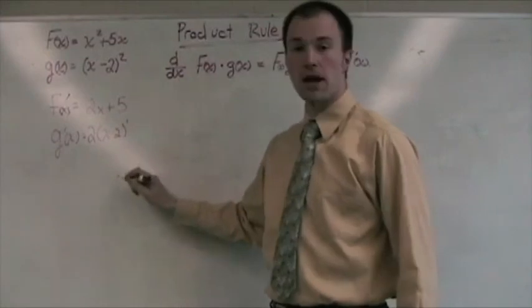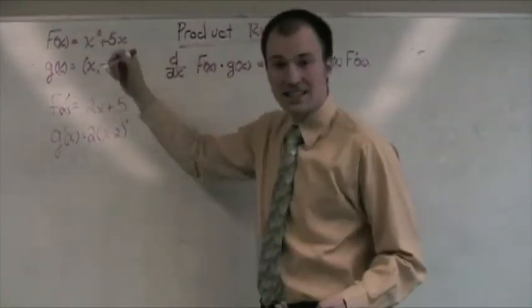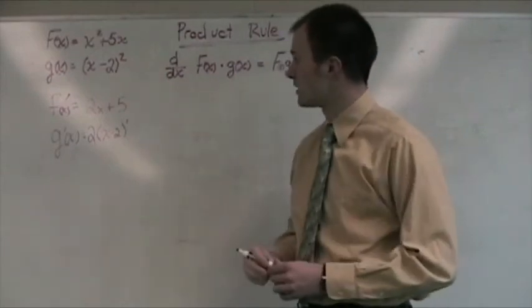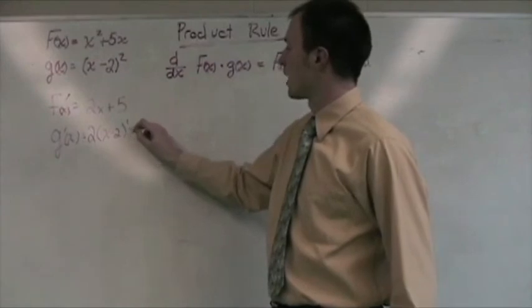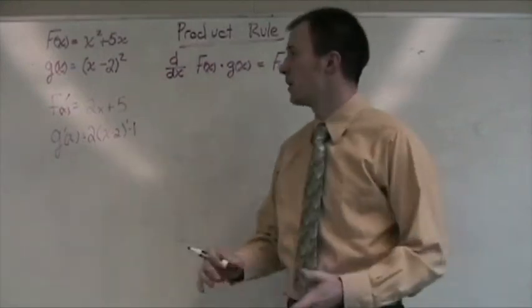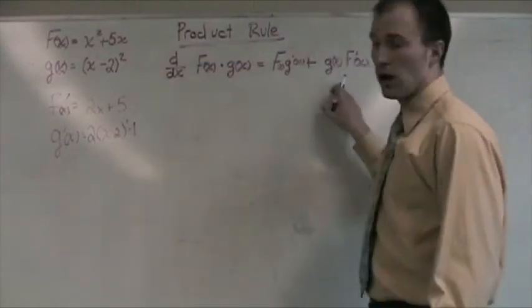And that's now to the first power, and then you have to derive the inside. You need to find the derivative of the inside, and differentiating x minus 2, you get just times 1. Okay? So that's really important, because now we have all of the components for our product rule.